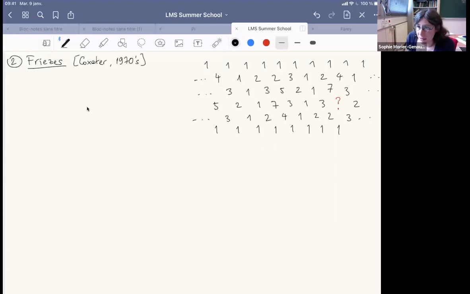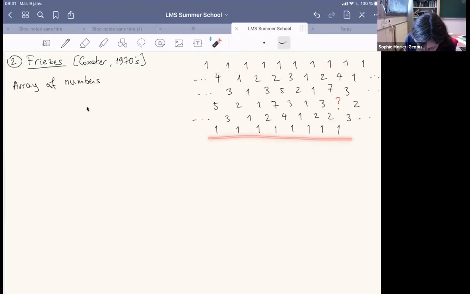We have an example already written on the board, and let's try to guess the definition from the example. So what can we say? What is a frieze? As you can see, it's an array of numbers. The array seems to be infinite because there are these dots. The top row is a row of ones.